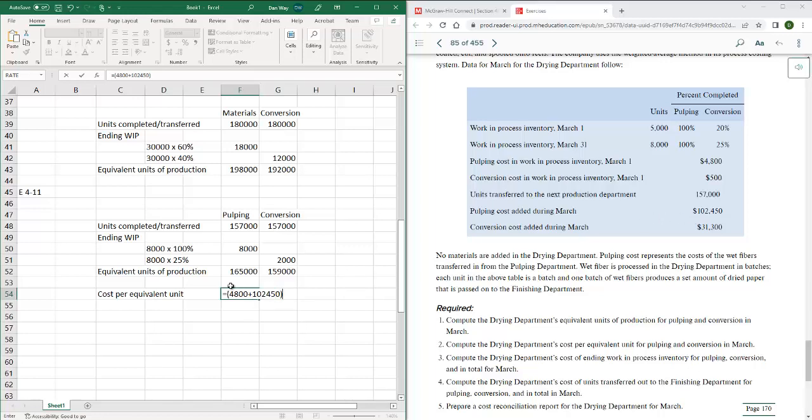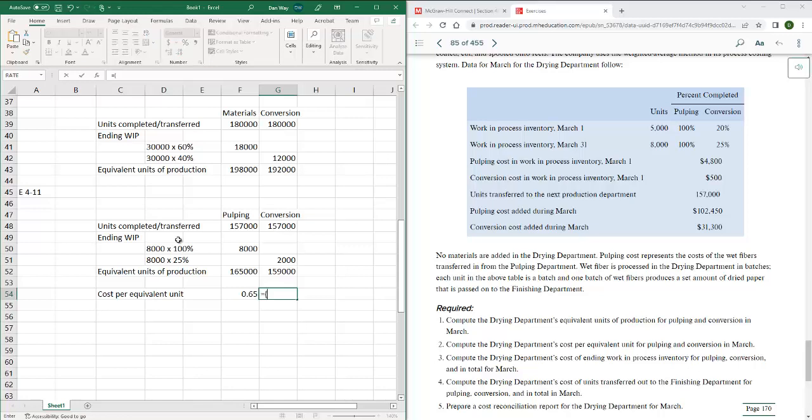So that represents the total pulping cost of anything we've touched this period, essentially. The costs that were already there when we started the period, plus all the costs we dumped in during this period. Okay, so cost of beginning work in process, plus cost added during the period. Now divide that by our equivalent units of production with respect to pulping, and our cost per equivalent unit with respect to pulping, 65 cents.